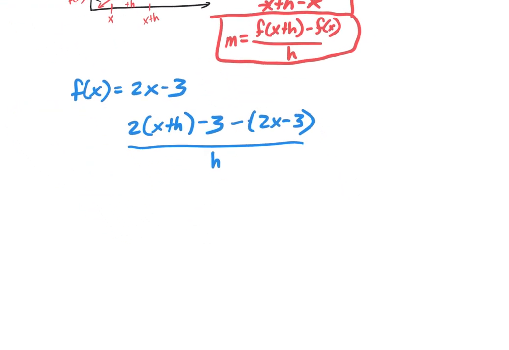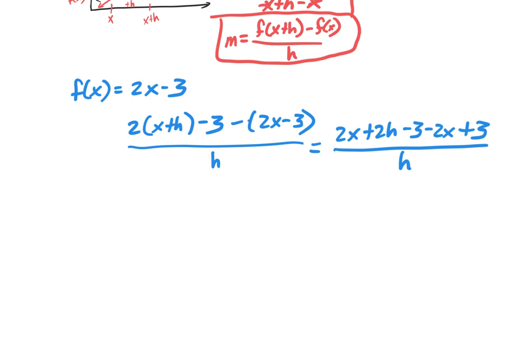Okay, so now we're going to use some of our algebra skills, and we're going to simplify this. We got some parentheses. 2x plus 2h minus 3 minus 2x plus 3. Okay, and for me, this is the fun part. And you're like, yeah, whatever, Mr. Ruda, fun, right? This is not fun.